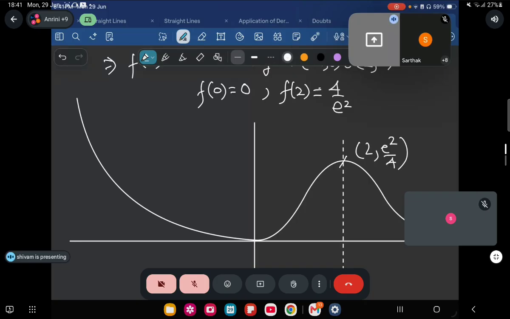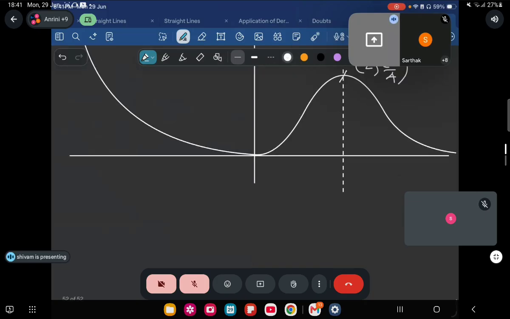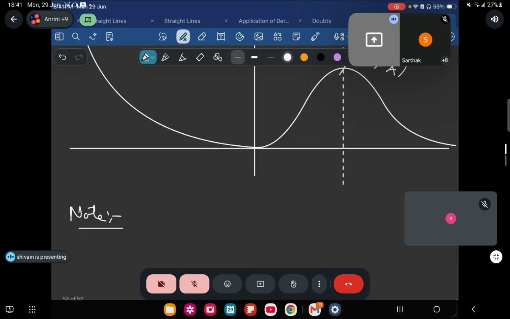Now, related to this, there can be some questions asked. You people tell me. Number one, you have to find lambda. In the previous question, find lambda if x square into e to the power minus x equal to lambda has: number one, zero solutions.